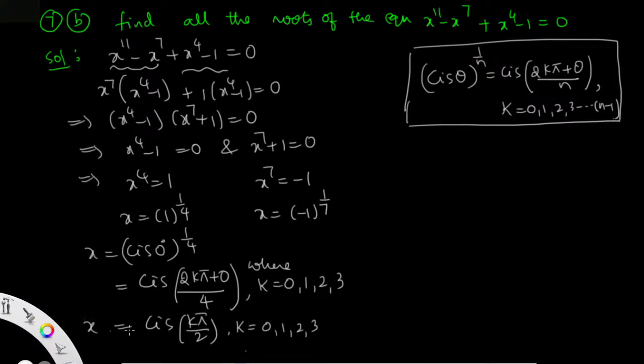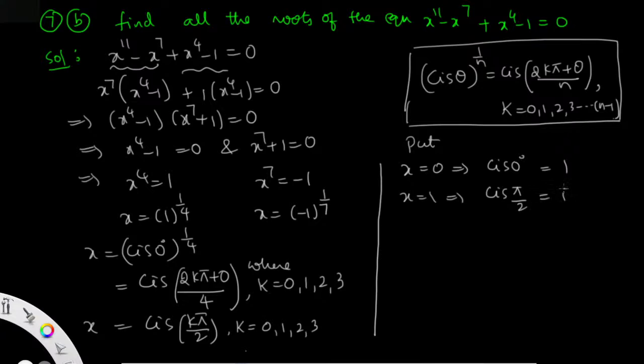So replace k and put k equal to 0, 1, 2, 3. So I am writing here: put k equal to 0, that implies cis 0, that is 1. Put k equal to 1, cis π/2, that is i. k equal to 2, cis π, that is minus 1. k equal to 3, that implies cis 3π/2, or else cis of minus, anti-clockwise you get minus i.